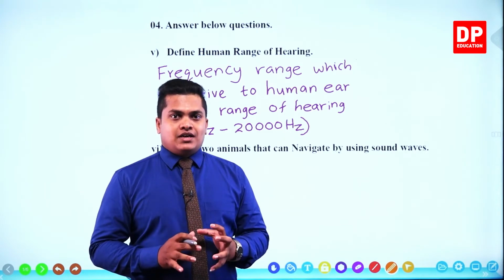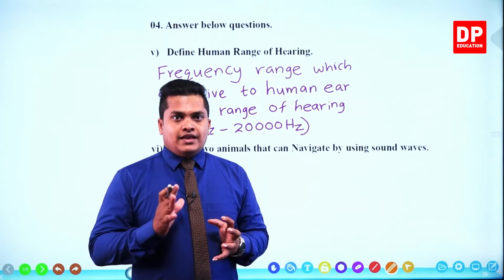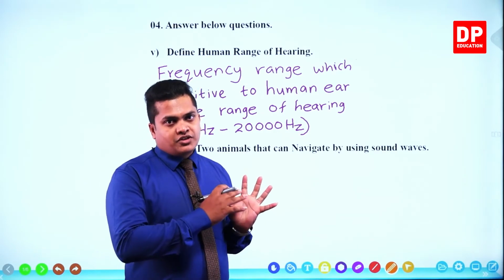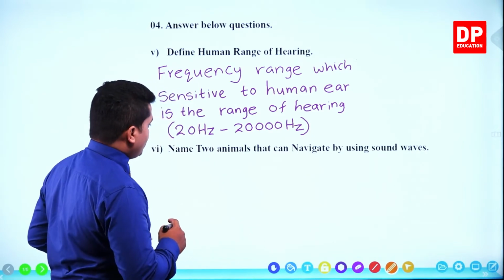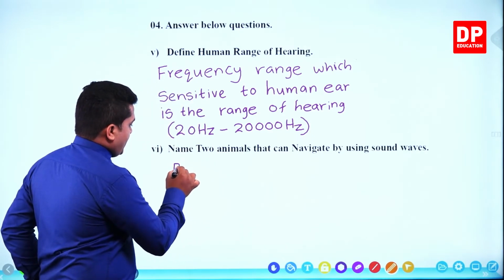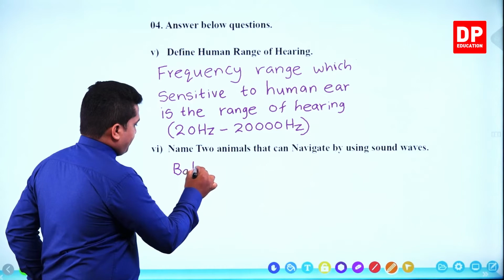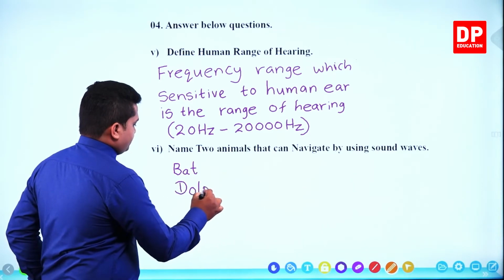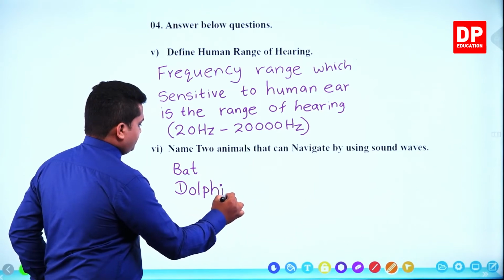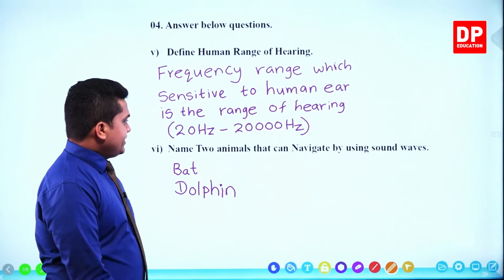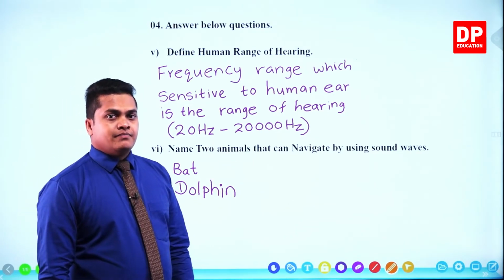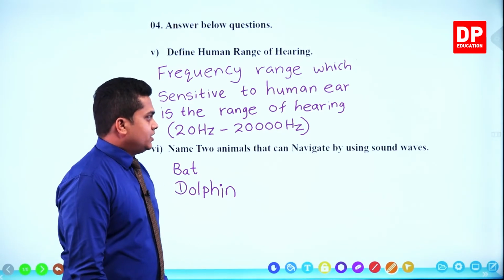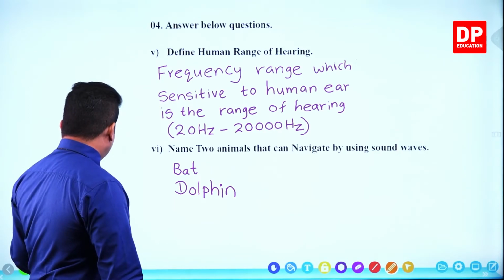Those two animals are the bat and the dolphin. So the two answers for this question are bat and dolphin. Bat and dolphin can navigate by using sound waves. Okay, right. Move on with the next question then.